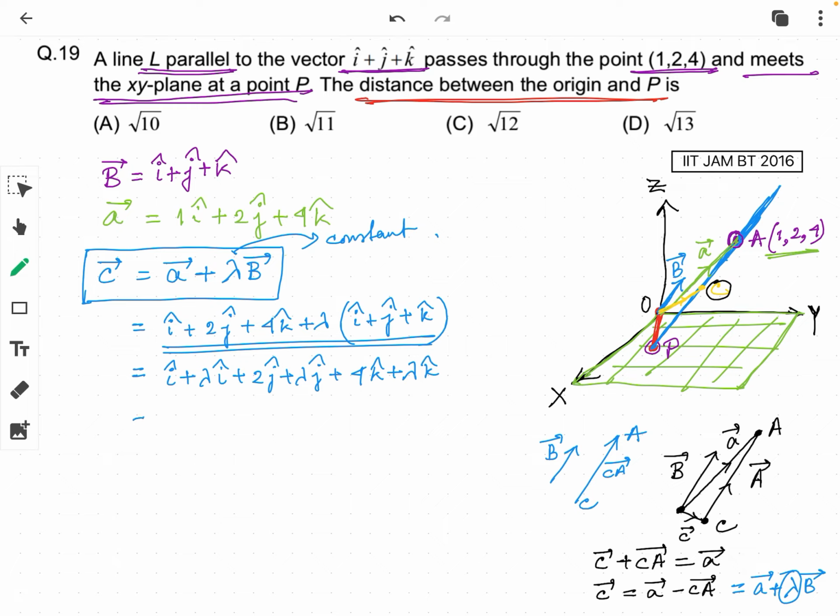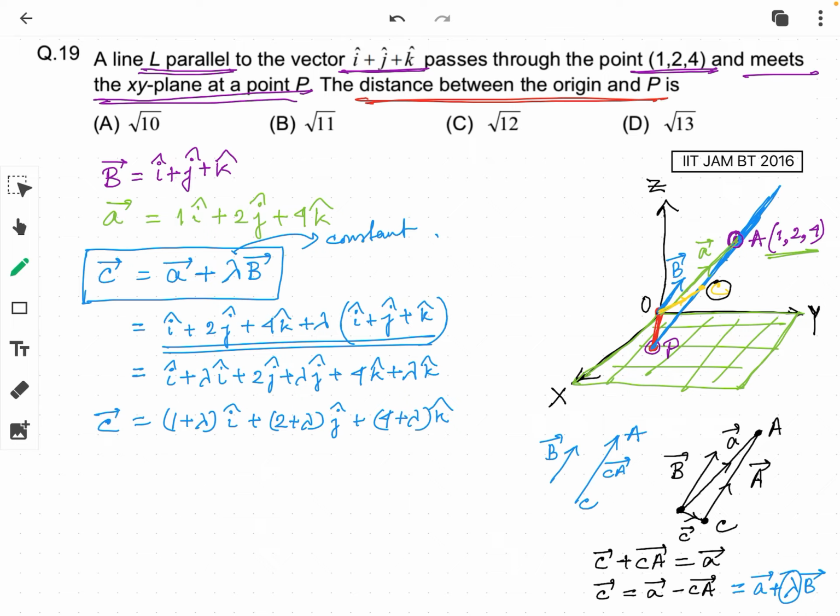So we get (1 plus lambda) i cap plus (2 plus lambda) j cap plus (4 plus lambda) k cap. This is our C vector, the equation of the line L.